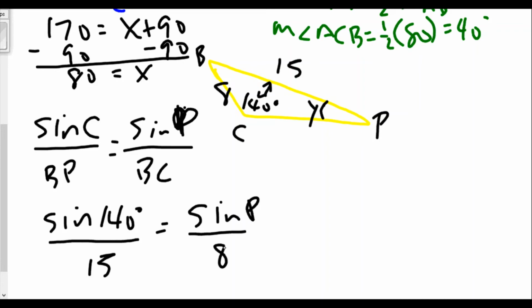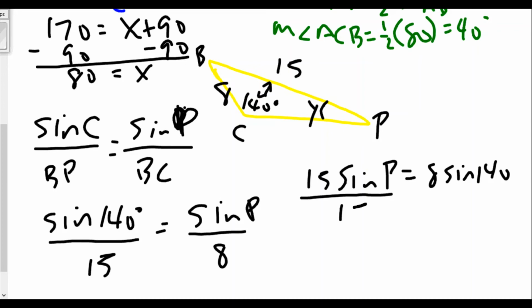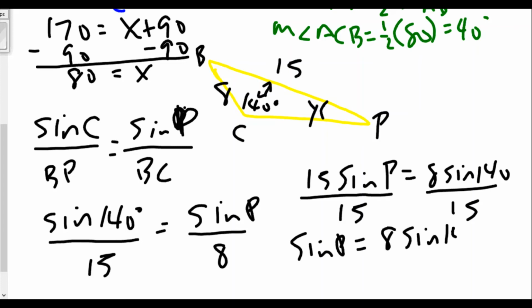So we cross multiply, we get 15 sine of P equals 8 sine of 140. Divide both sides by 15, we get the sine of P is equal to 8 times the sine of 140 over 15.